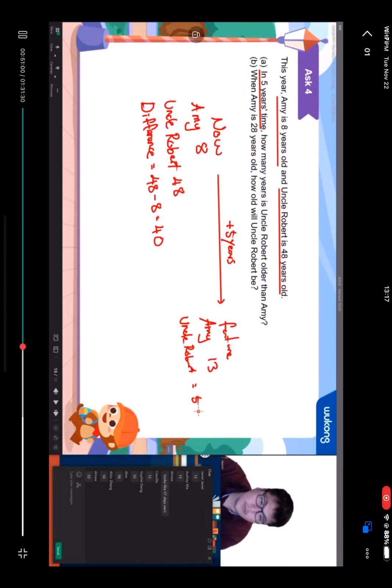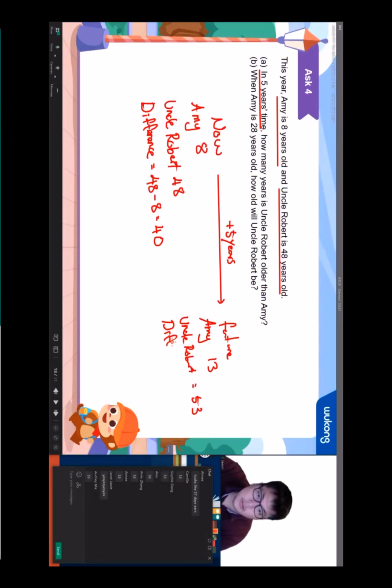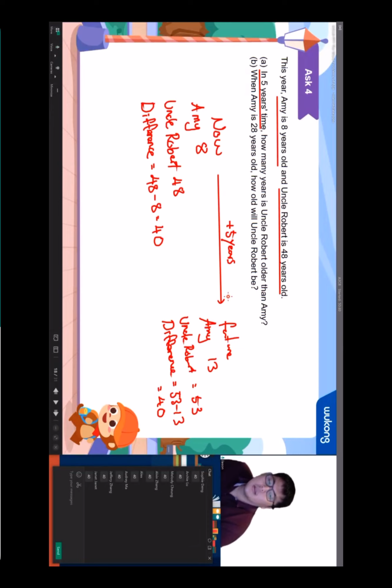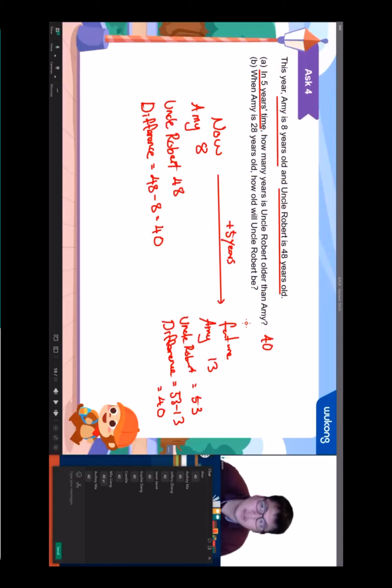That's right, 53 years old. So what is their difference? Still 40, guys. The age difference will not change. So to answer the first question, how much older is Uncle than Amy? Obviously 40. It never changes, even after 4 years, 5 years, or 10 years.